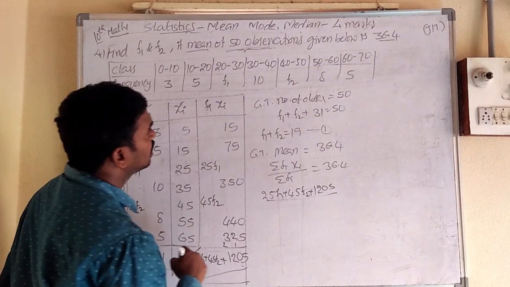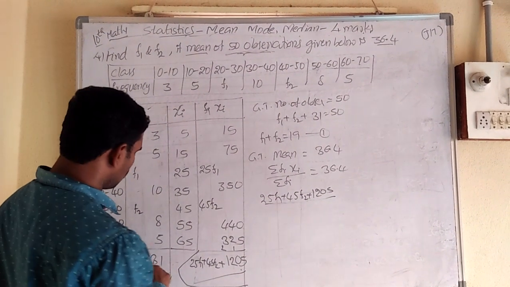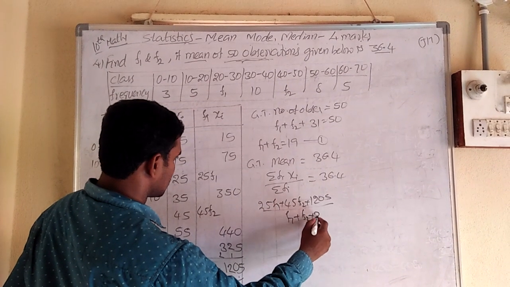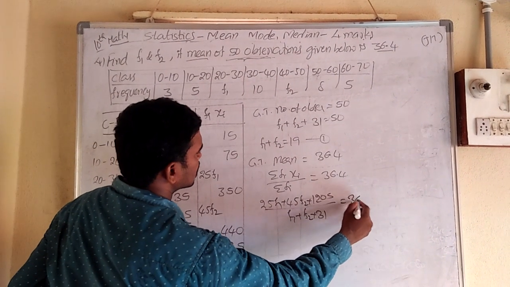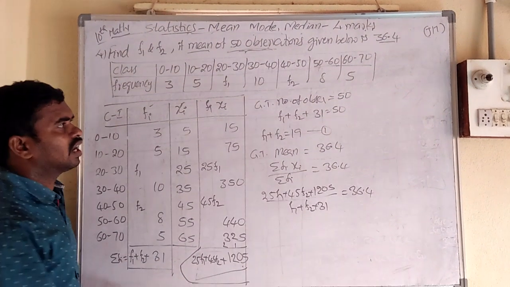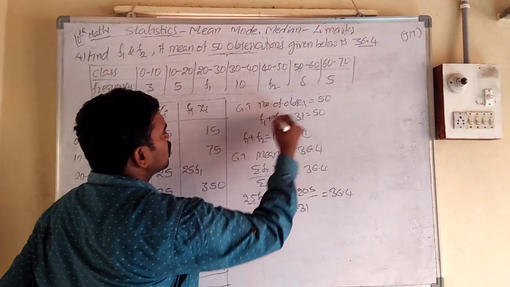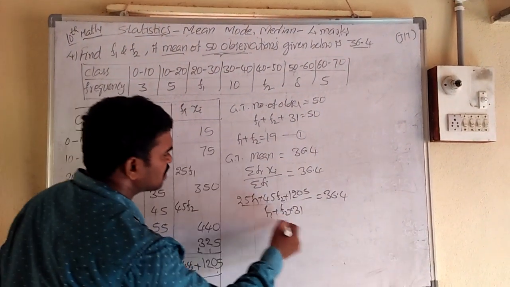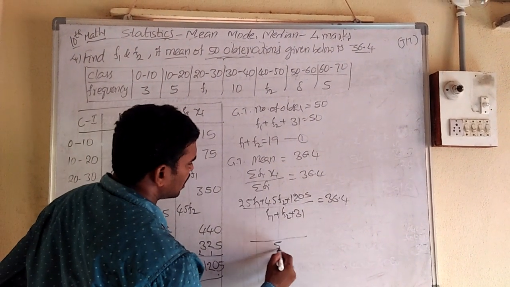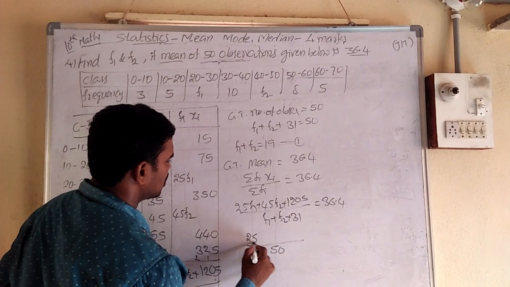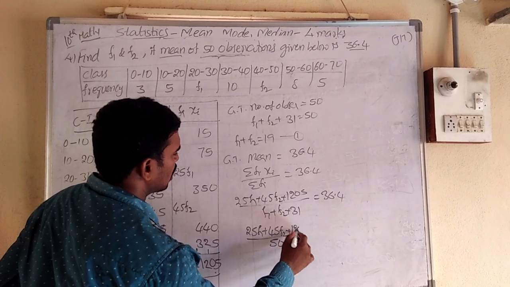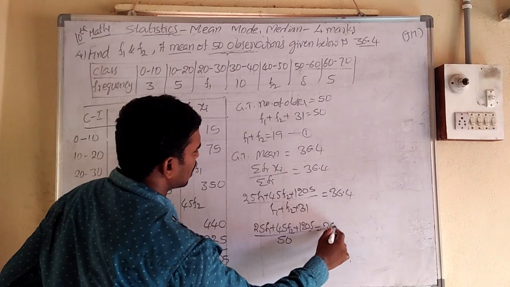What is summation fi? f1 plus f2 plus 31, which is nothing but the number of observations, that is 50. So instead of this we can write 50, and the numerator as it is, 25 f1 plus 45 f2 plus 1205, equals 36.4.